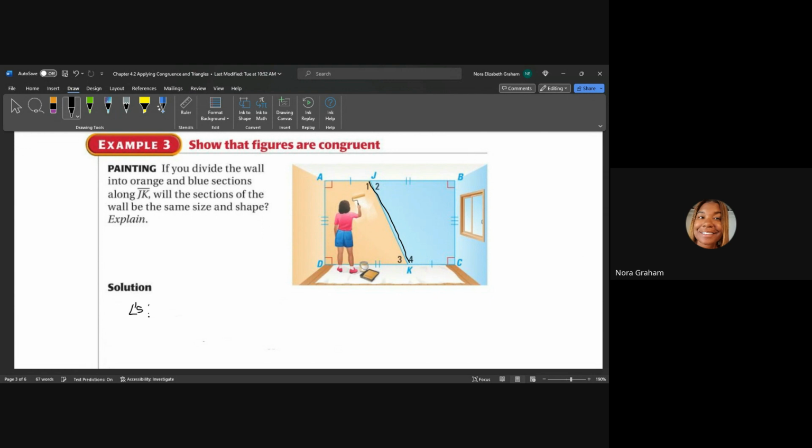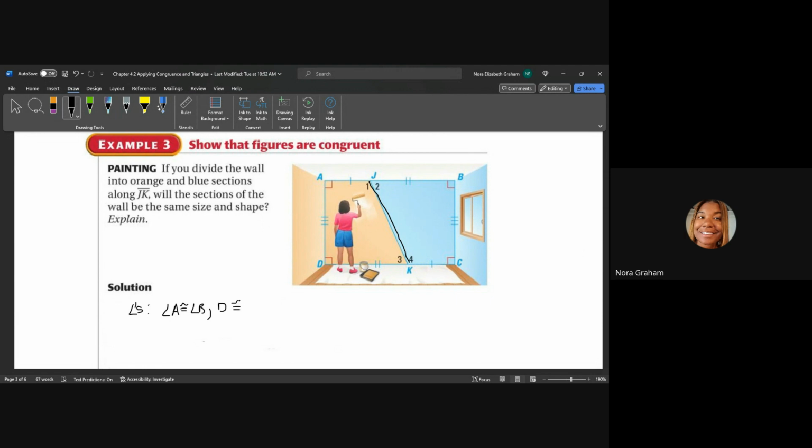So let's see what angles correspond. Looking at this, I can say that A and C are corresponding angles because they both are equal to 90 degrees. 90-degree angles are congruent. So I could say A is congruent to C. Another one here, 90-degree angles right here.